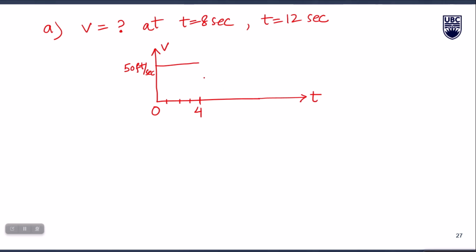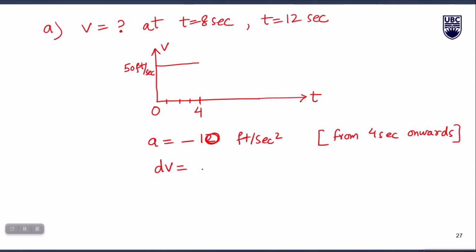And that integration also should start from t equal to 4 second onwards, and that is actually from 4 second onwards, right? So we can apply equation 2 now. Equation 2 is dv is equal to a dt, right?